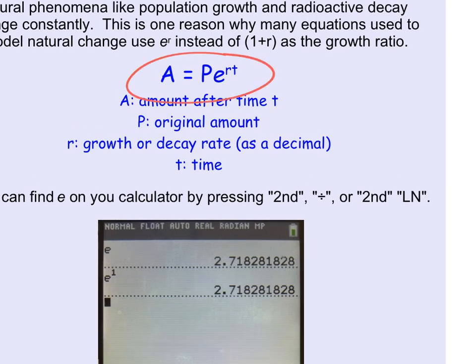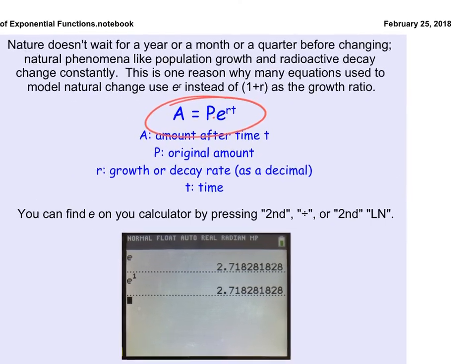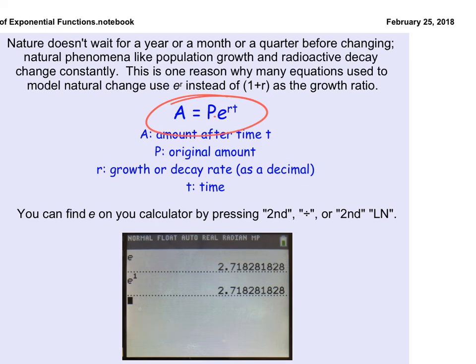Okay, so who cares? Well, this formula has E in it. It's called the PERT formula. P times e to the RT. And what this does is if something's changing constantly, it's not changing like 6% per year or per minute or per second. It's constantly changing.